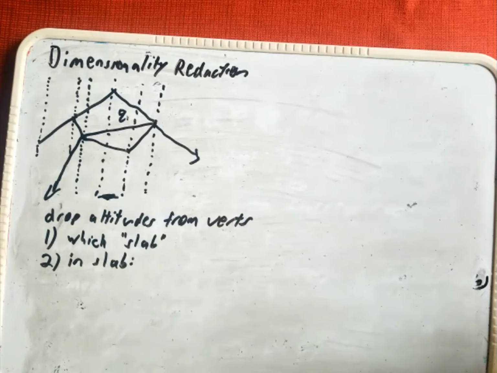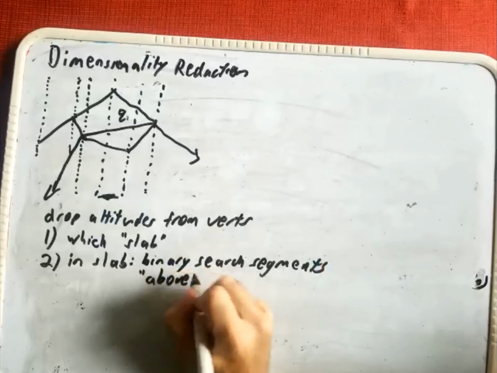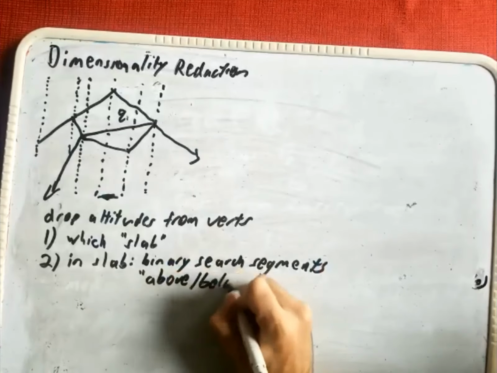You can query whether it's above or below a certain line segment. Yeah, we can do a binary search on the segments. The key question now is, am I above or below a particular line segment?